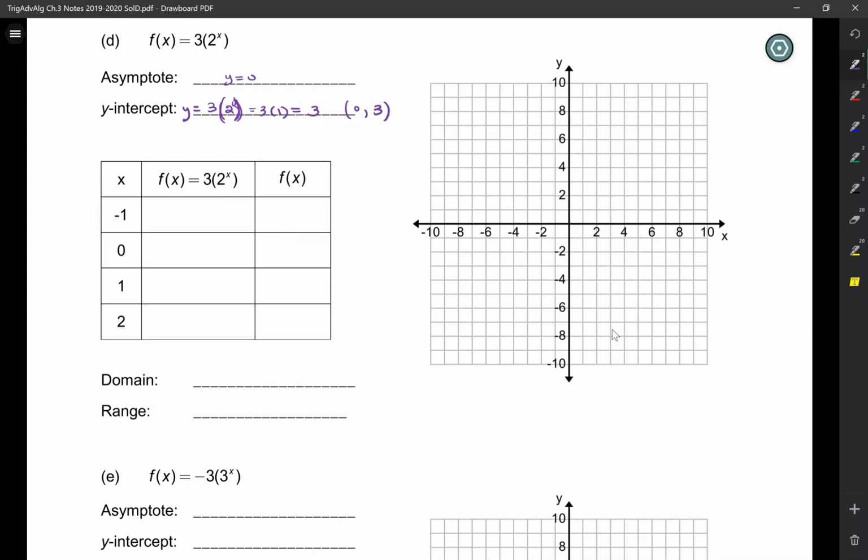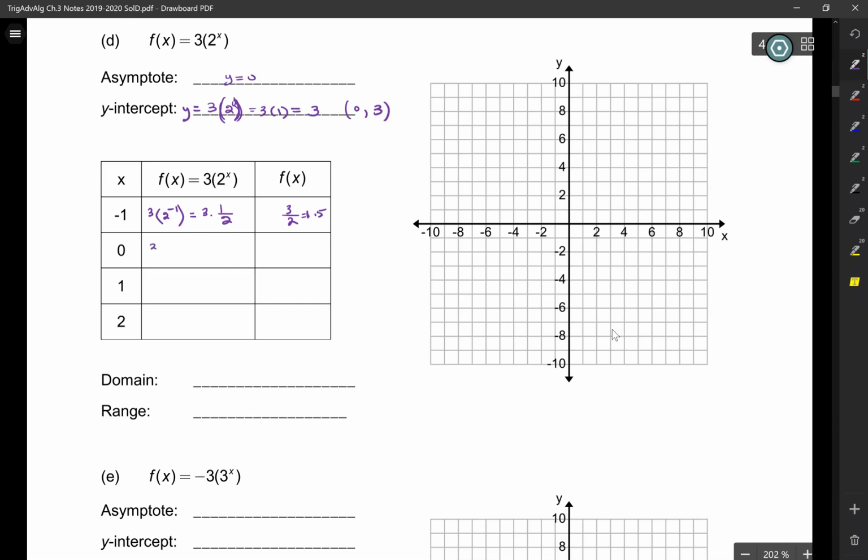So here's my table. All right, so here I have 3 times 2 to the minus 1. This is 3 times 1 over 2, 3 over 2. So that's 1.5, right, when we need to graph?